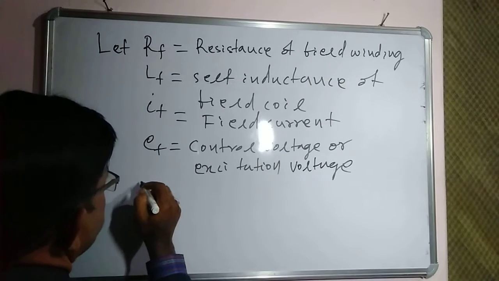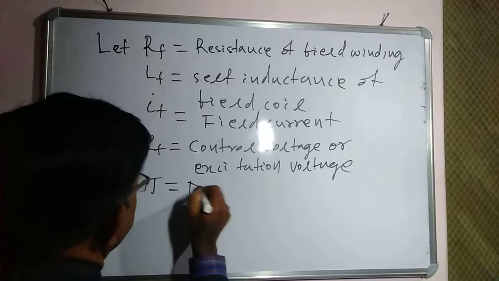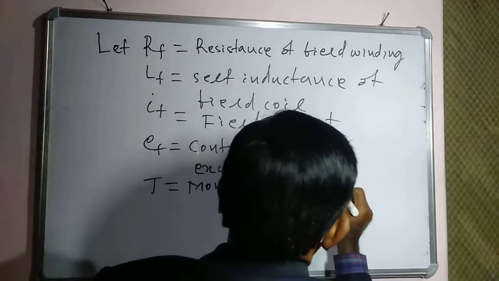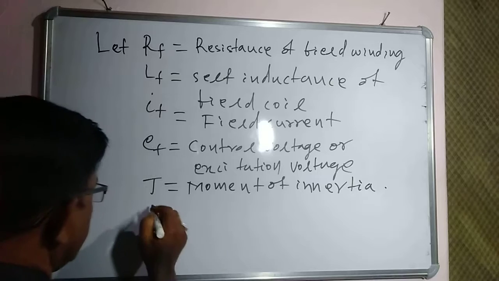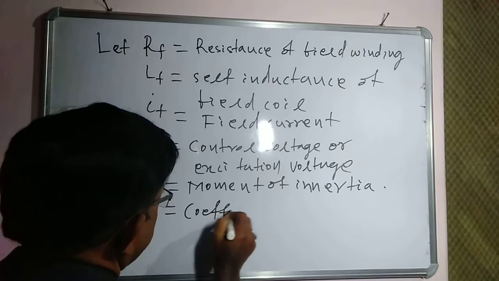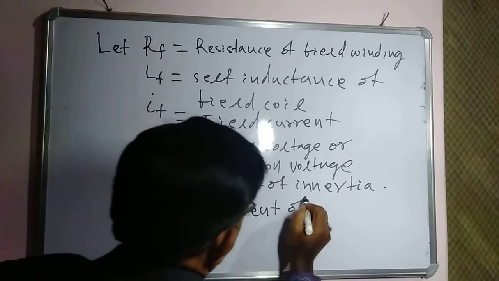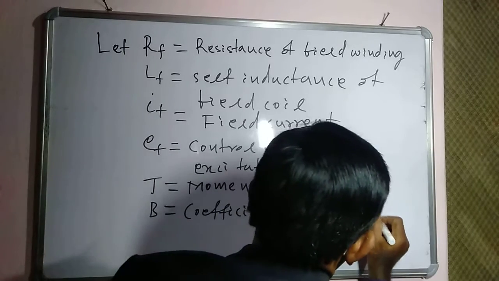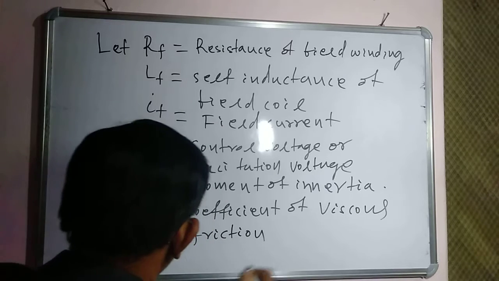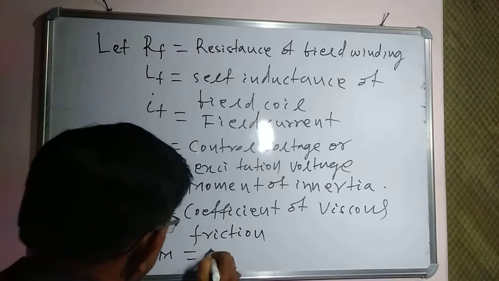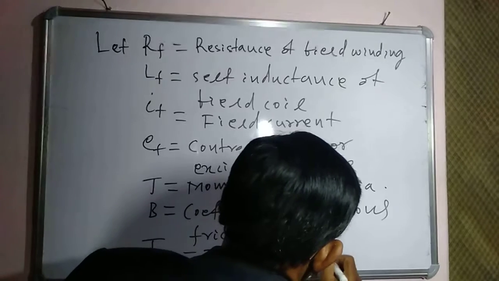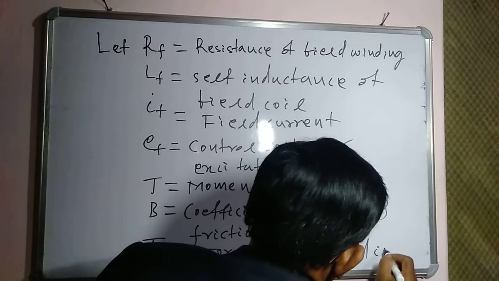Then J is equal to moment of inertia. Then B is equal to coefficient of viscous friction, and Tm is equal to torque developed in motor.